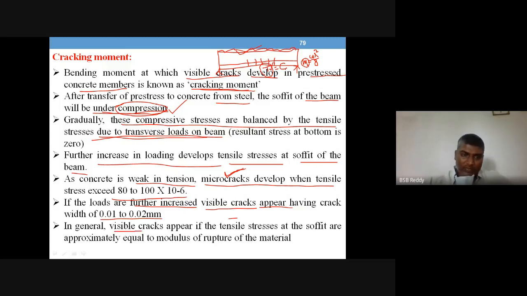In general, visible cracks appear if the tensile stresses at the bottom are approximately equal to the modulus of rupture of the material, meaning the possible tensile strength capacity of the material, if that is crossed. So 0.7 root fck, as IS 456 says, is the tensile strength of concrete.